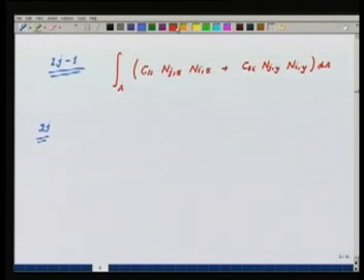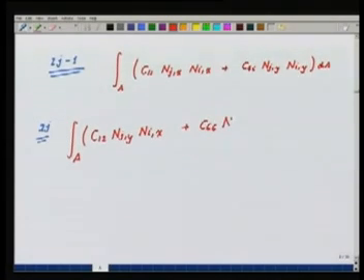It will be integral over the area of C12 nj,y ni,x plus C66 nj,x into ni,y.